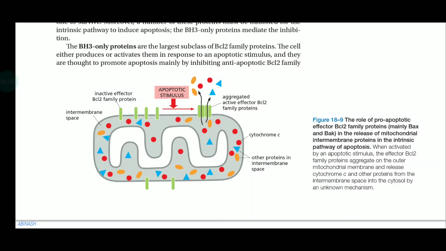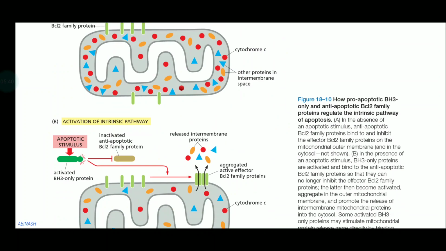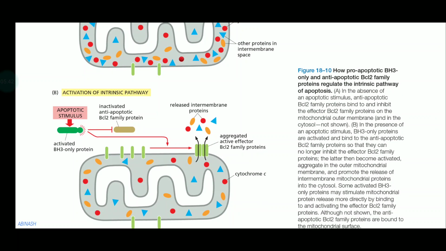And here is the apoptotic stimulus falling, which has an aggregated active effect on the BCL2 family proteins. The activated BH3-only protein causes the inactivation of the anti-apoptotic BCL2 family protein, which gets attacked, and this causes the release of the intermembrane proteins.